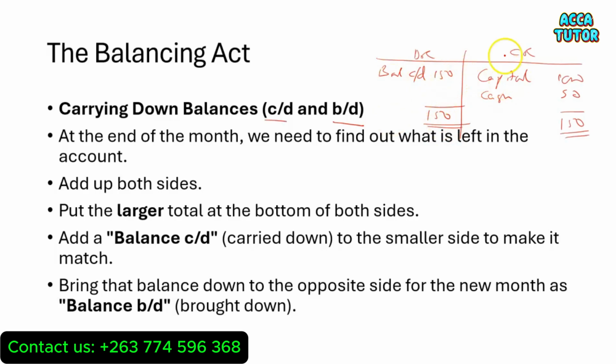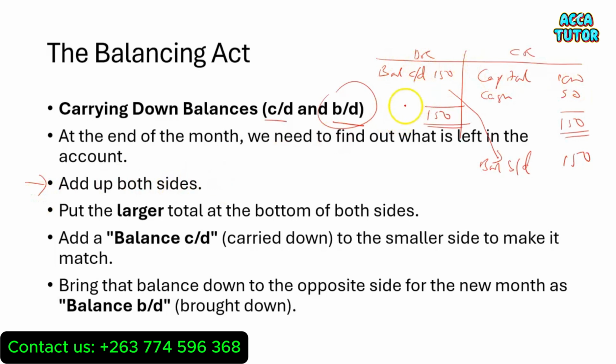But the balance for this account is actually the balance brought down. So here we need to have a balance BD of 150, which becomes the opening balance of the account. Now we need to add up both sides like I did here.